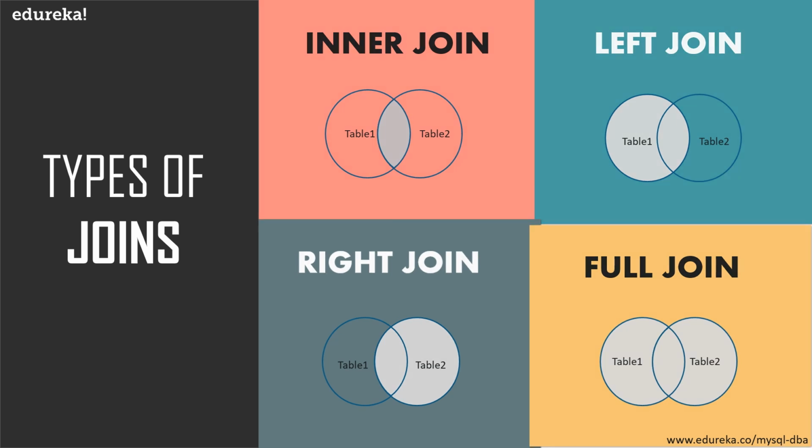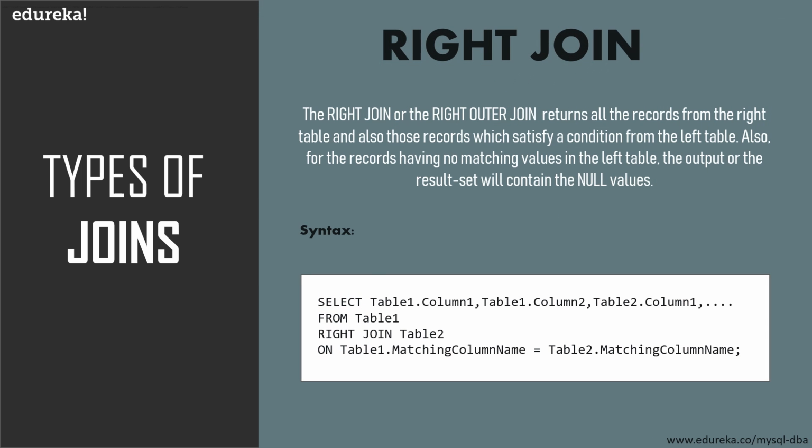Now let's move forward to the next type of join, that is the right join. The right join, or the right outer join, returns all the records from the right table and also those records which satisfy a condition from the left table. I know guys, this sounds quite similar to the left outer join. Yes, it definitely is.